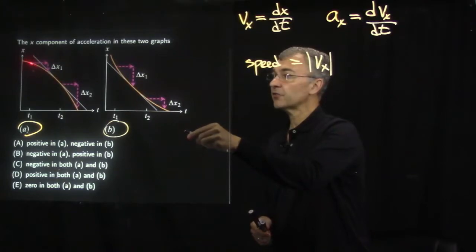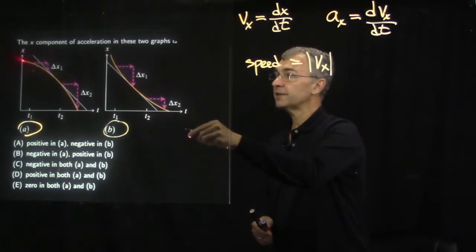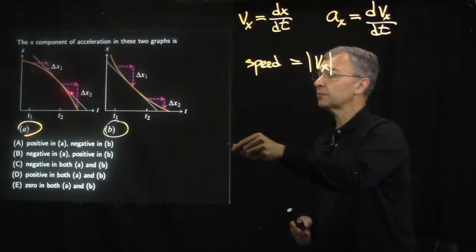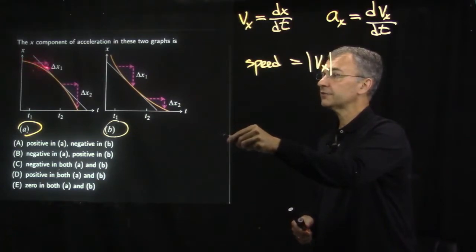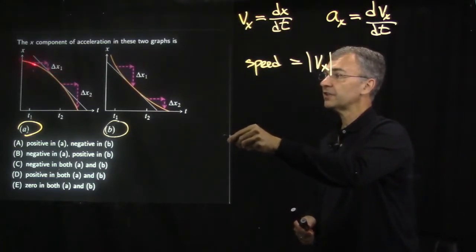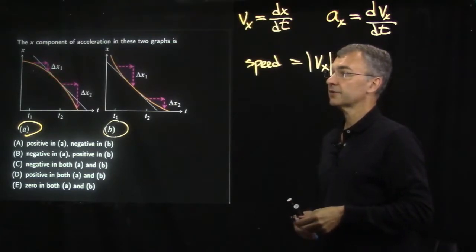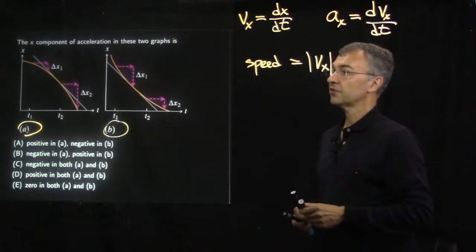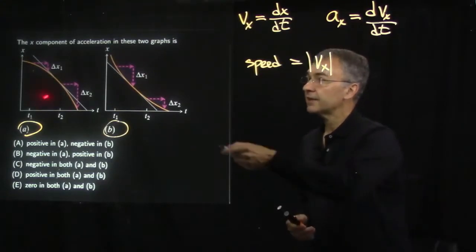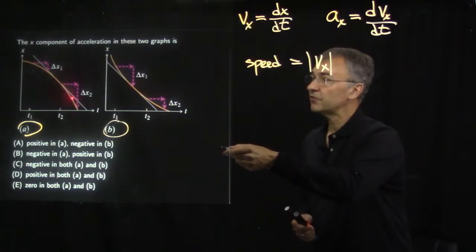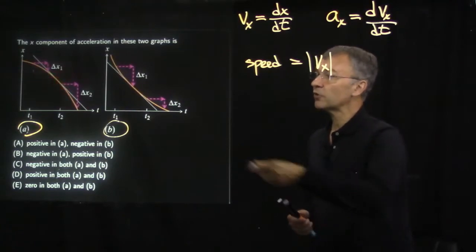If we look at the slope at t1, it is a negative slope, and at t2 it's a more negative slope. So the velocity is negative, and the velocity here is becoming more negative. So this is v sub x less than 0, and this is v sub x even more negative than that. So you go from negative to even more negative.